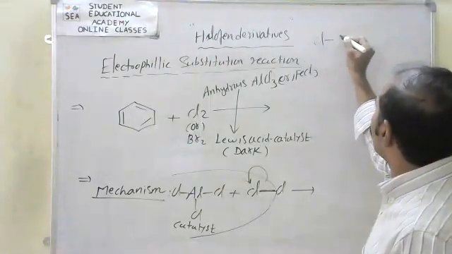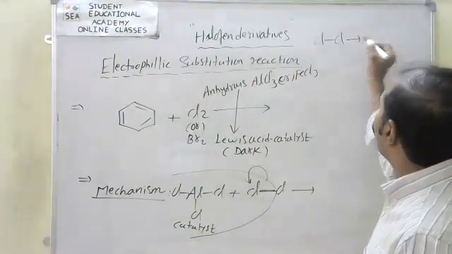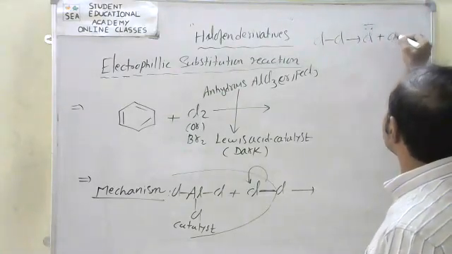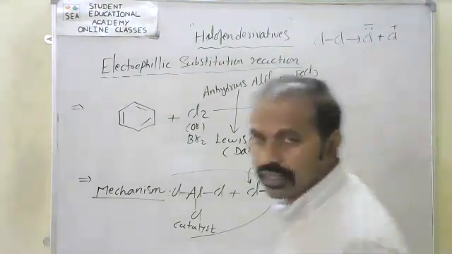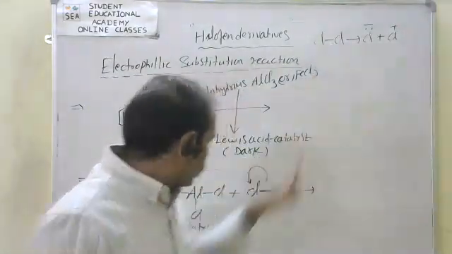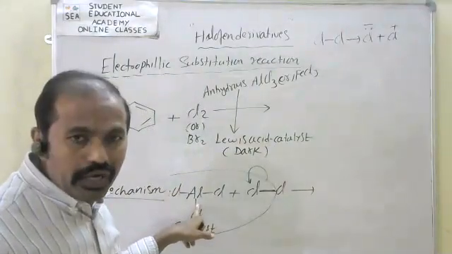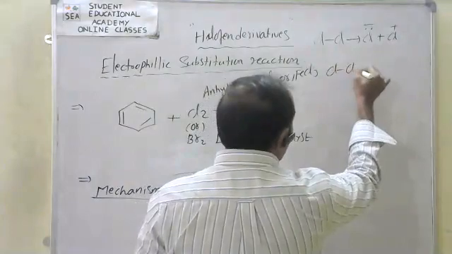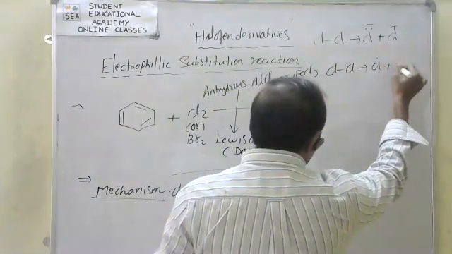In the chlorine covalent bond, if both electrons move onto one chlorine, one becomes Cl minus and the other becomes Cl plus. Generally, without this catalyst, it is a homolytic breaking. Homolytic breaking means the electrons are shared equally and we get free radicals.